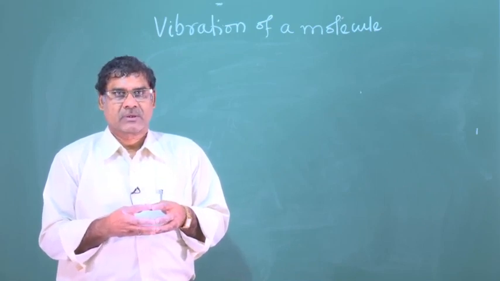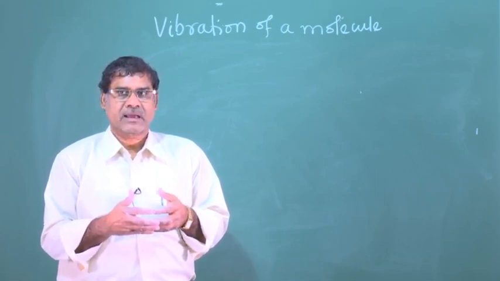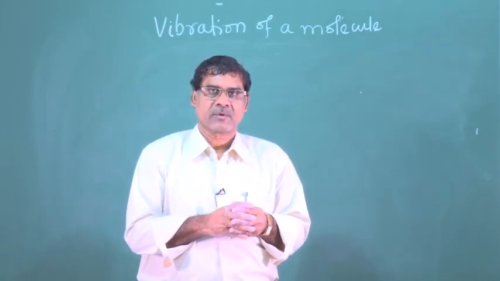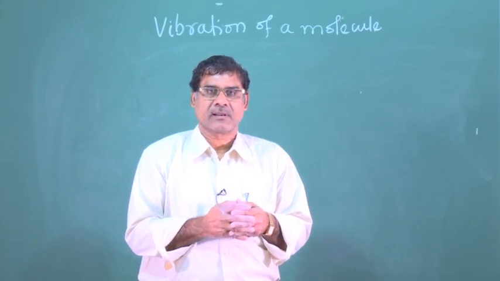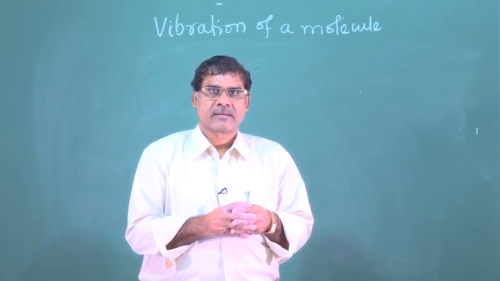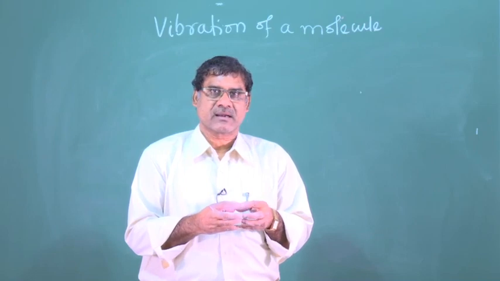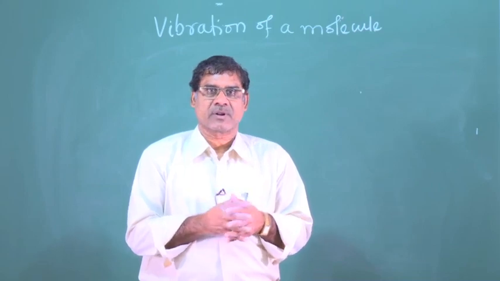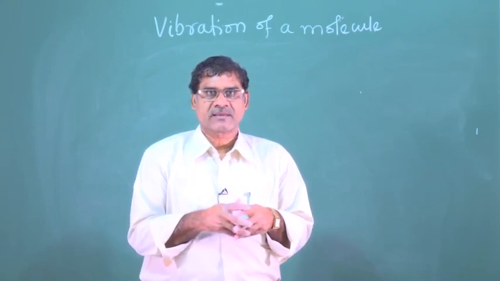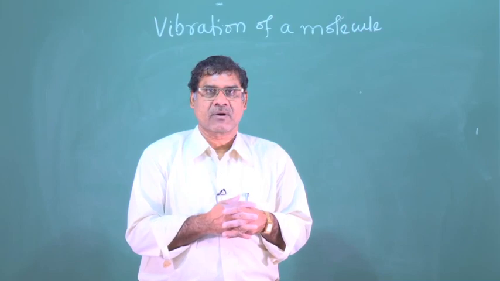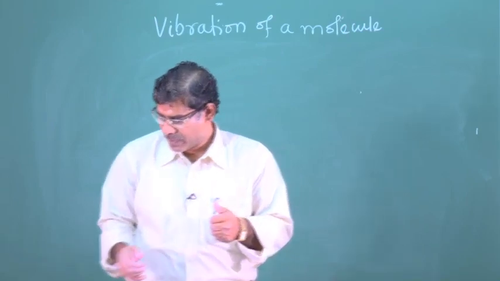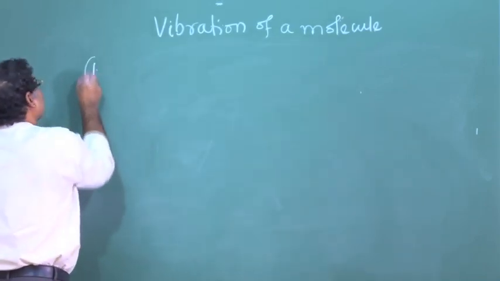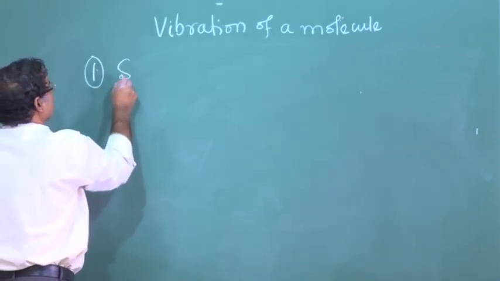A real molecule actually deviates from this simple harmonic oscillation model, and its vibration is deviated or distorted from simple harmonic oscillation. So, that is basically called anharmonicity or anharmonic oscillator.